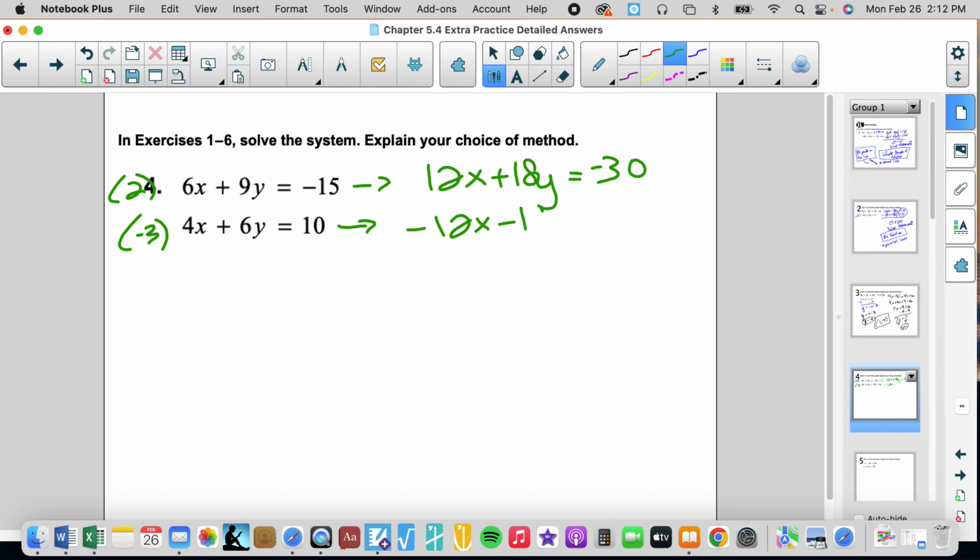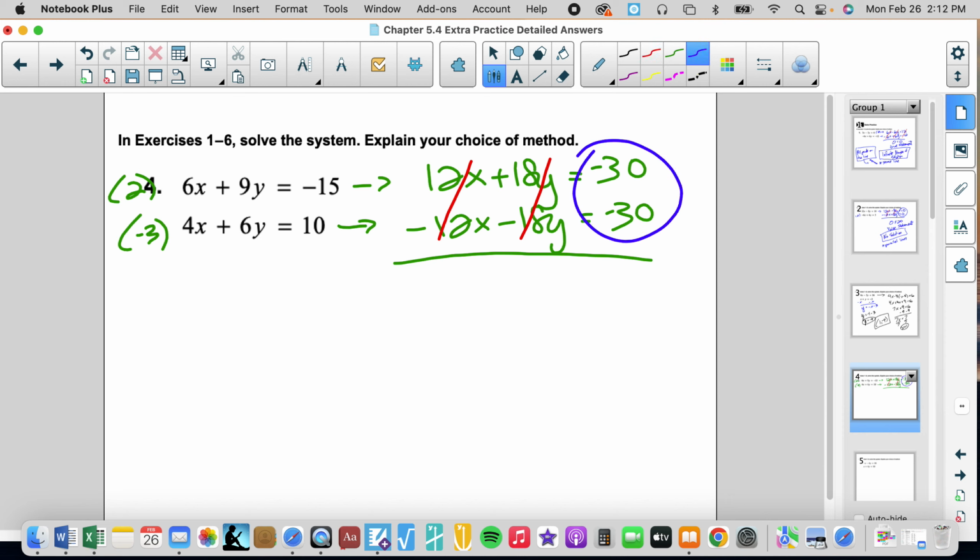That's going to be -18y equals -30. Make sure I did that correct. And we notice that the variables cancel and the constants. So if we simplify this, we get 0 equals -60, which is false. So it's no solution.